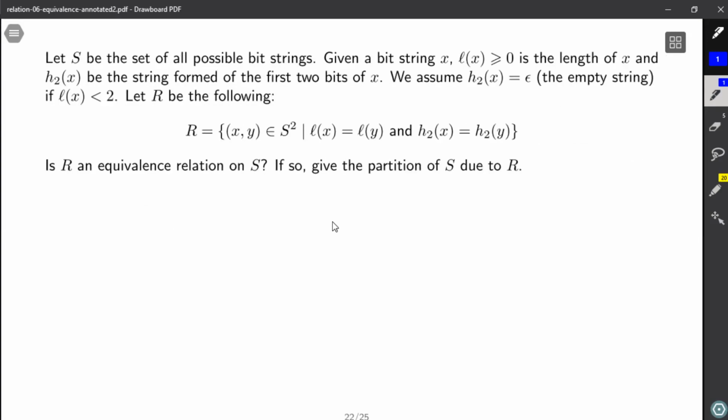You want to first check whether R is an equivalence relation, and this should be pretty easy. Just check the reflexivity, symmetry, and transitivity.